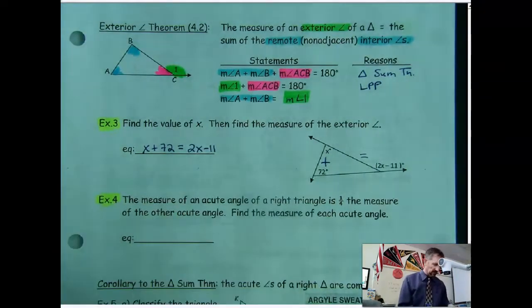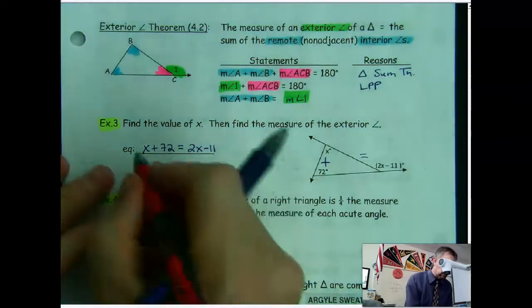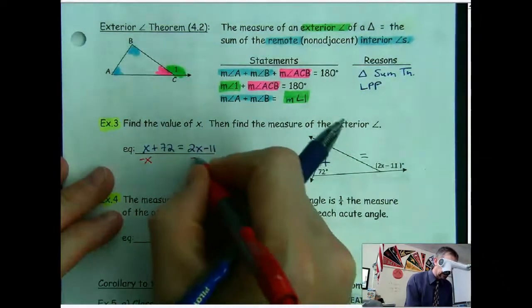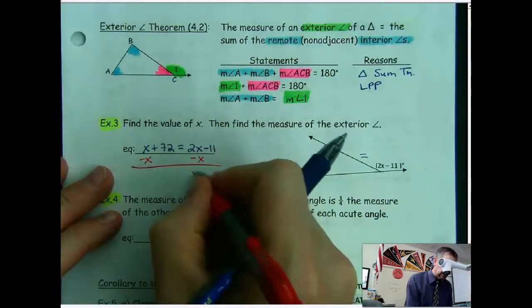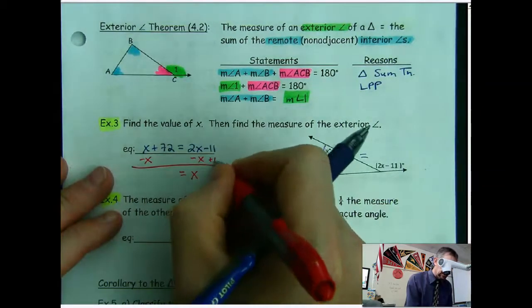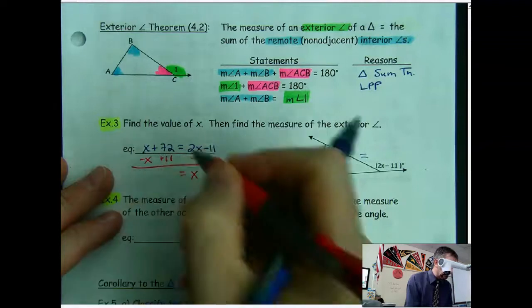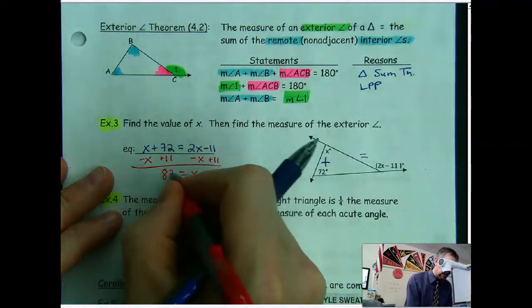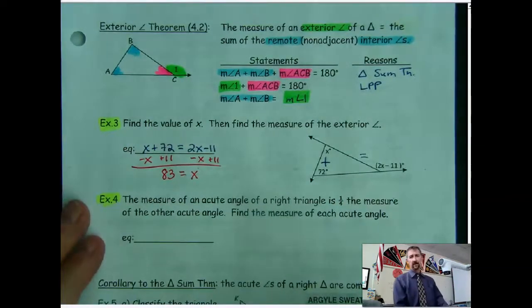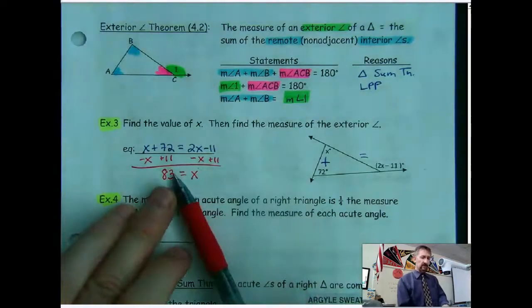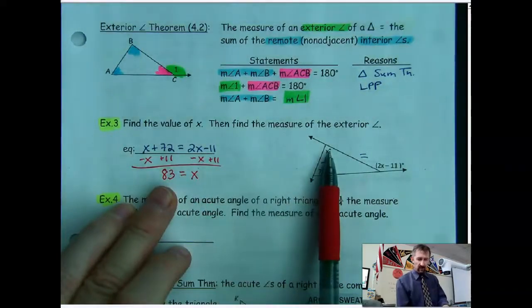Then we would subtract x from both sides. That would give us x. And then we would add 11 to both sides. So x equals 83. I don't really need to put degrees there because there's a degrees here on x.